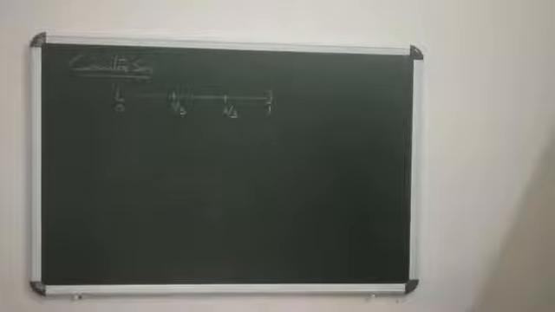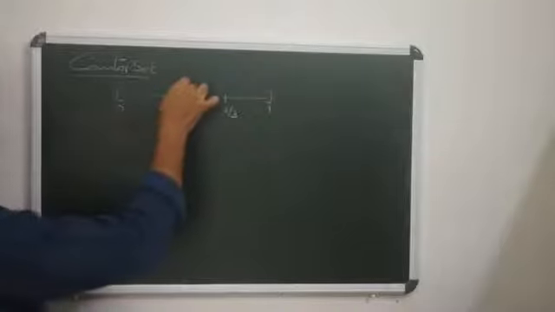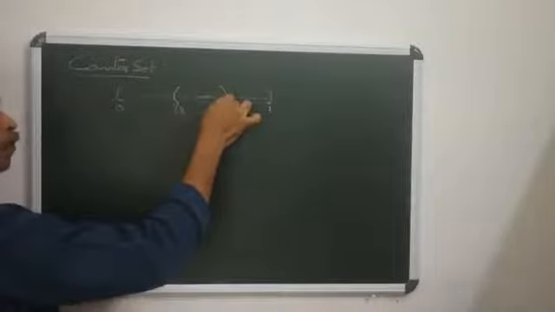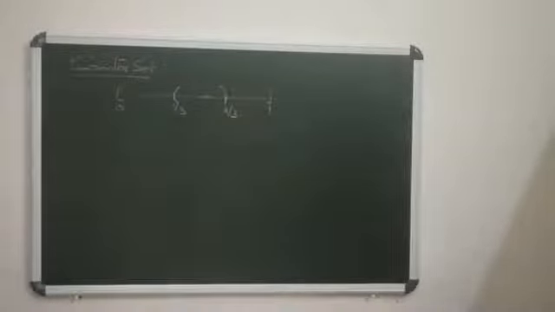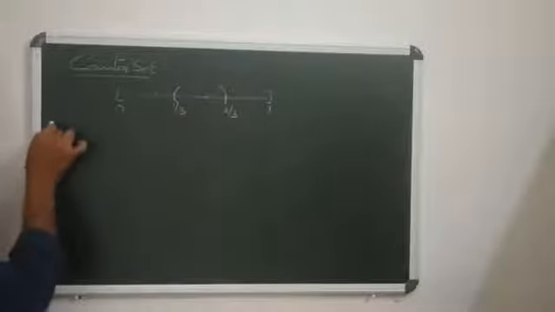You can divide the closed interval 0, 1 into three mutually disjoint intervals: the closed interval 0, 1 by 3, then the open interval 1 by 3, 2 by 3, and the closed interval 2 by 3, 1. Then you can remove this middle third open interval 1 by 3, 2 by 3. So what remains here?